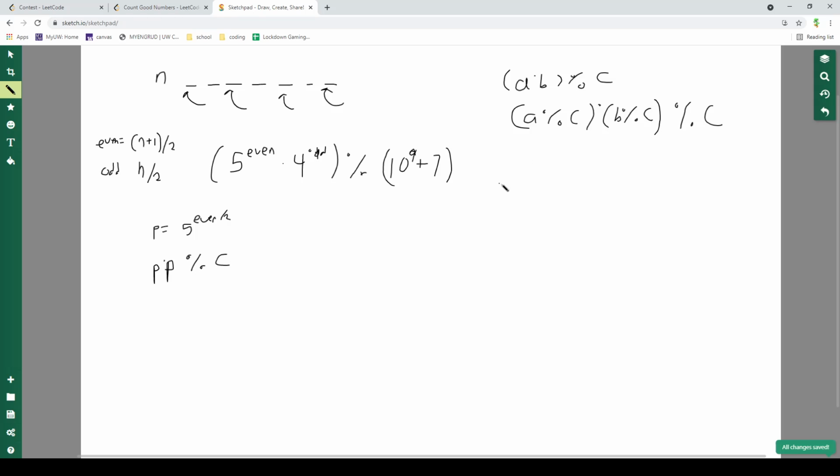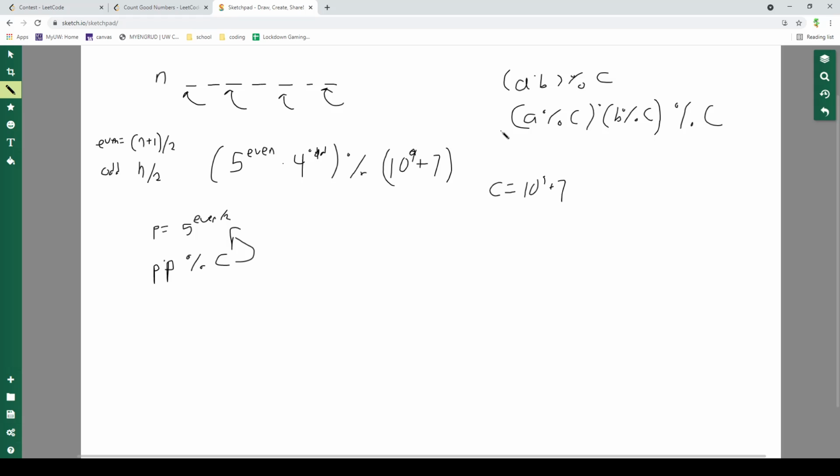So let's say C equals 10 to the 9 plus 7. We modulus that, and this brings up into this iteration, and we multiply them together and modulus that again.